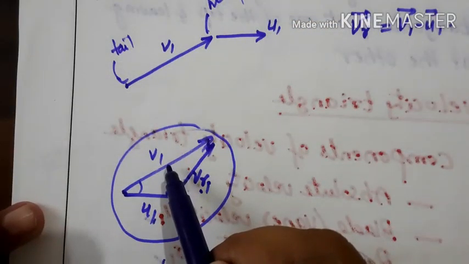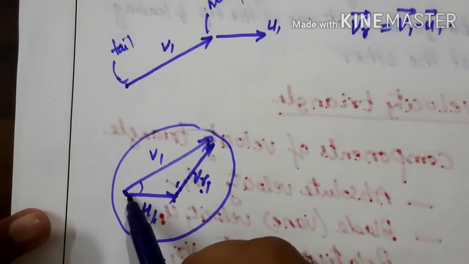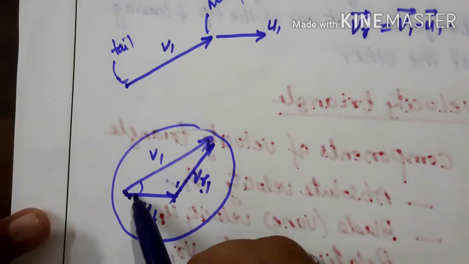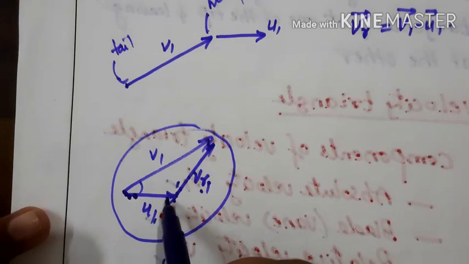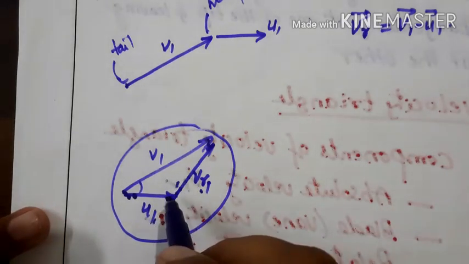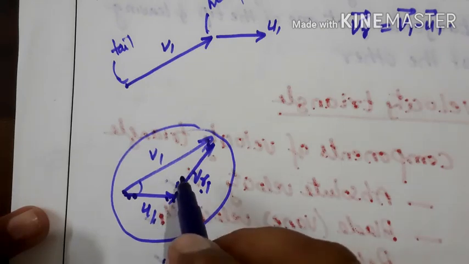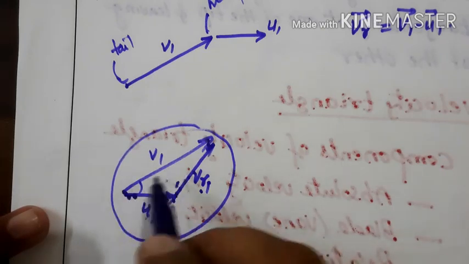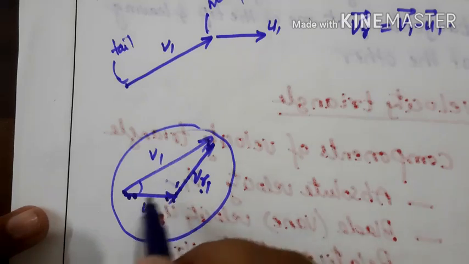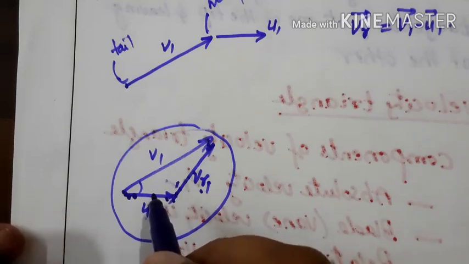So place the tail of vector v at the head of the vector u. So at the head of vector u, where u is the plate velocity and v is the absolute velocity, we have to construct the velocity triangle like this.